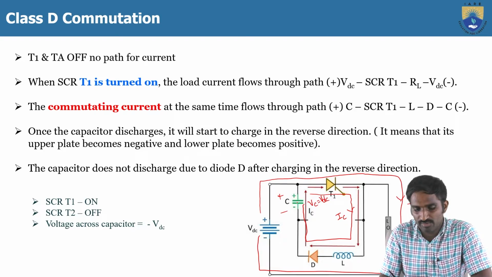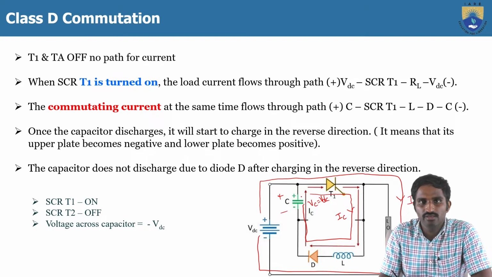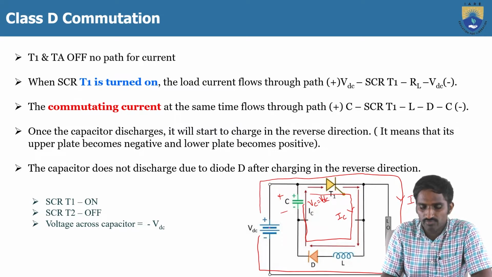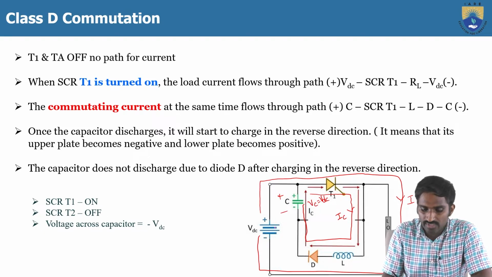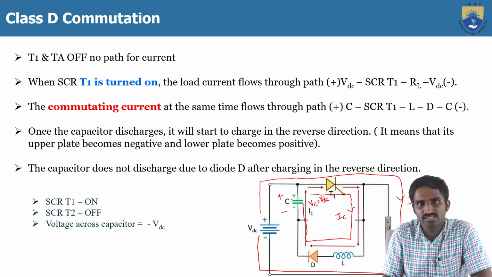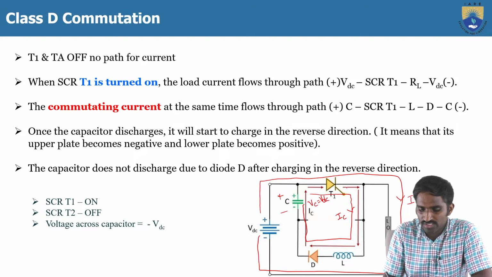Initially we considered the capacitor fully charged, so when thyristor T1 is turned on, the load current will flow from the plus VDC to thyristor T1 to the load and then to the negative terminal of VDC. In addition, there is the commutation current, or capacitor current, that will also flow, because the capacitor is discharging since initially it is fully charged. We are providing the path to discharge the capacitor C through thyristor T1 to the inductor to the diode. That's why it will discharge.